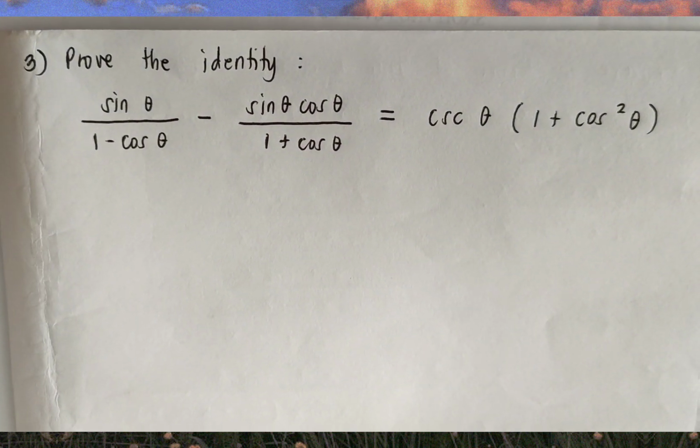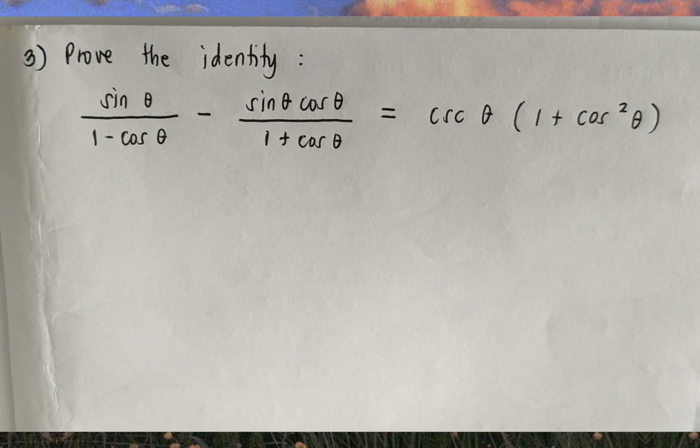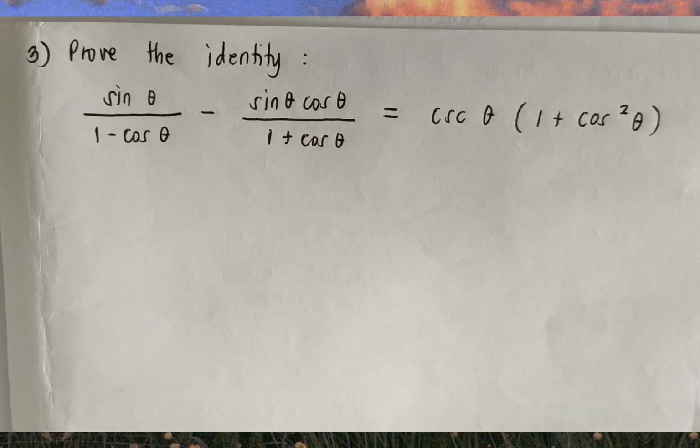How about if we need to prove the identity? Before I forget, the fundamental identities can be used to verify if a trigonometric equation is an identity. Okay? I will teach you the different methods to prove an identity.